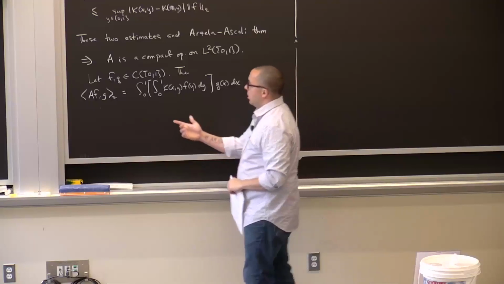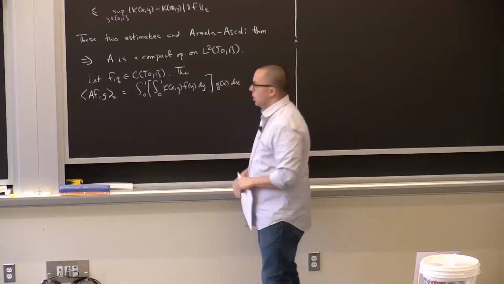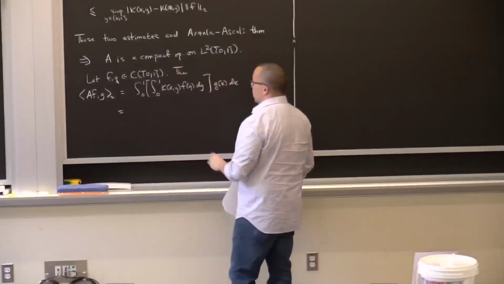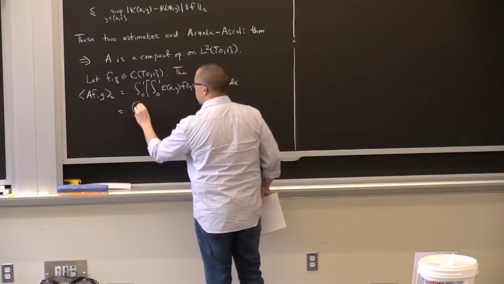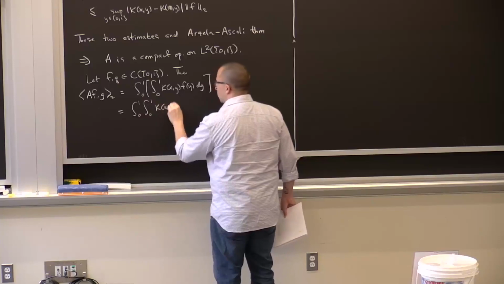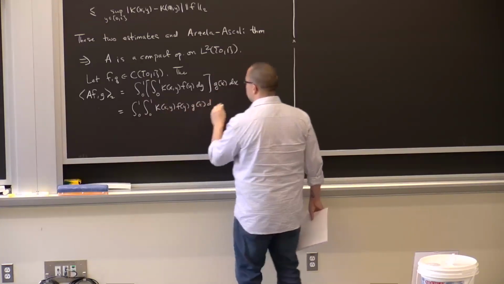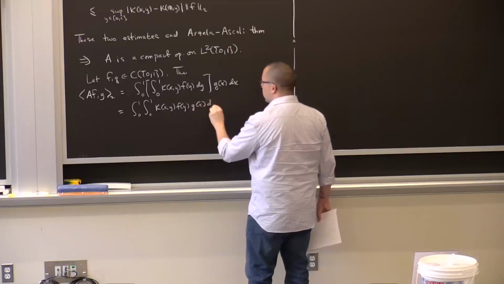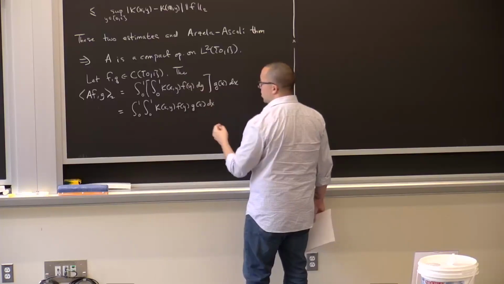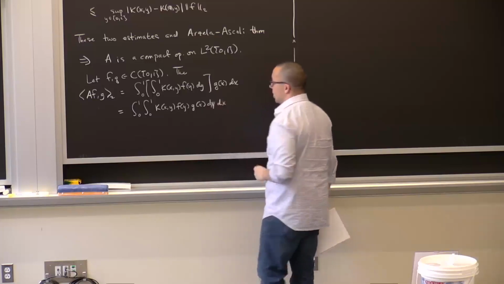Now, I have a double integral involving nothing but continuous functions, so I can apply Fubini's theorem to interchange the integration. I'm just bringing this g of x inside and stating that this integral is equal to this double integral dy dx.